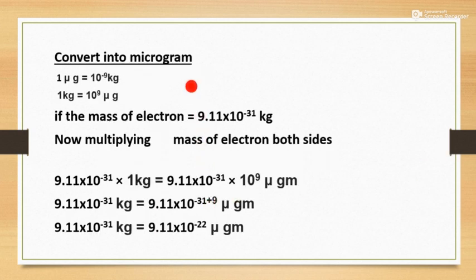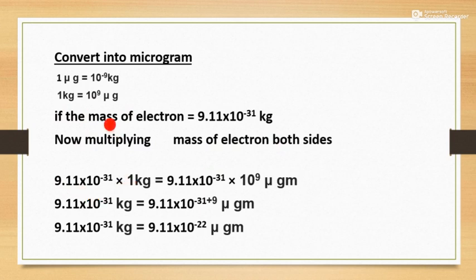Now convert into microgram. This is called the micro symbol. 1 microgram is equal to 10 raised to minus 9 kg, and 1 kg is equal to 10 raised to 9 microgram. If the mass of electron is 9.11 times 10 raised to minus 31 kg, then we convert kg into microgram. Again the same process, multiplying the mass of electron on both sides.